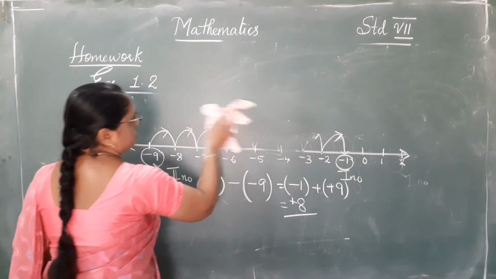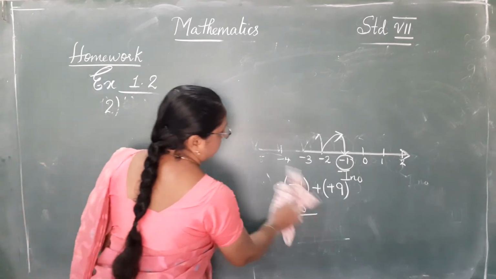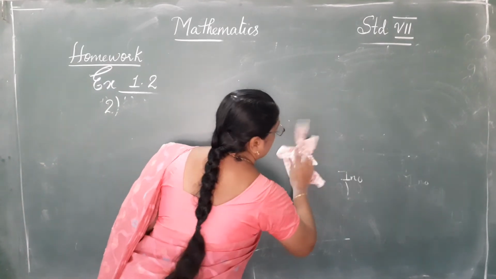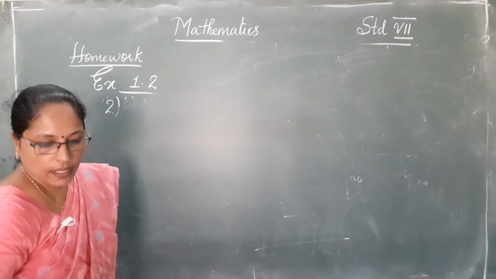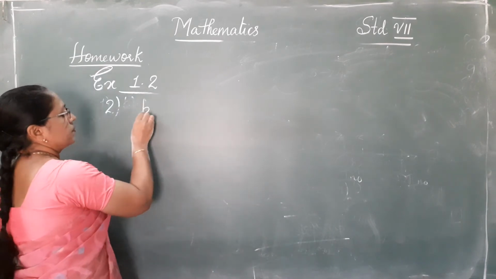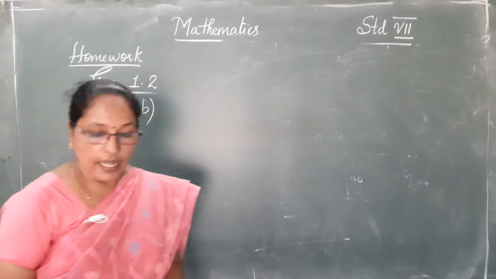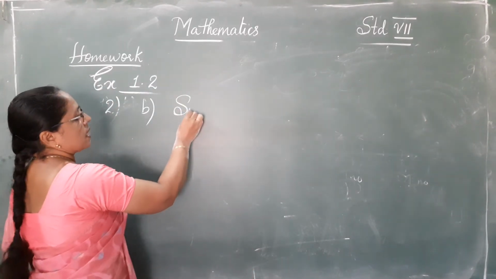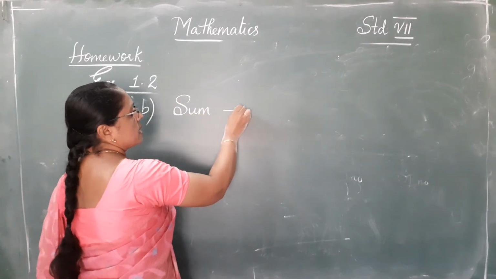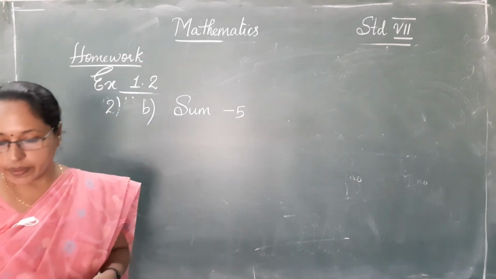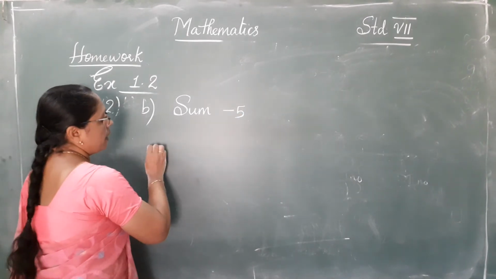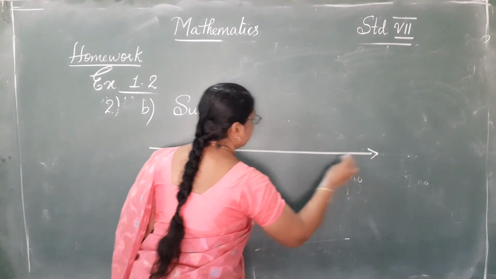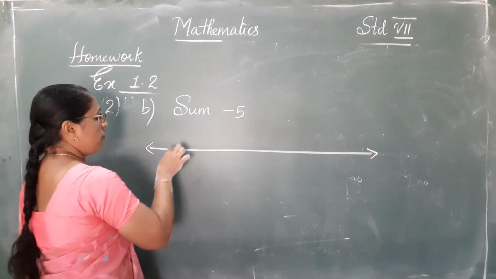Now second question B part. Here we need a negative integer and a positive integer which give sum negative 5. In sum we have to make sure this negative 5 should be there.